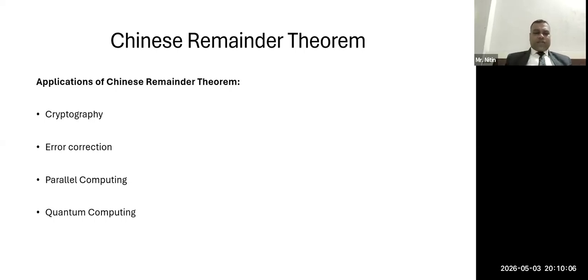Then parallel computing, and the last one, quantum computing. So these are the four applications of the Chinese remainder theorem: cryptography, error detection or error correction, parallel computing, and quantum computing.